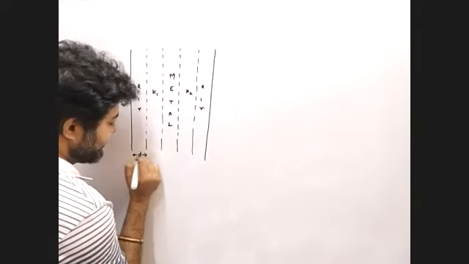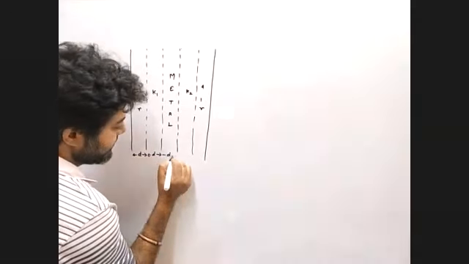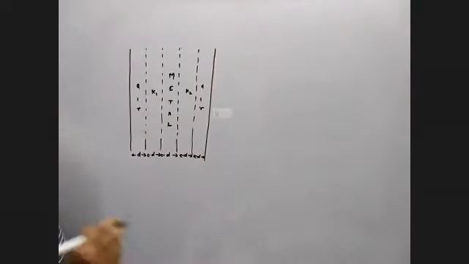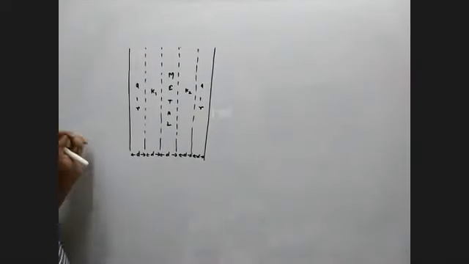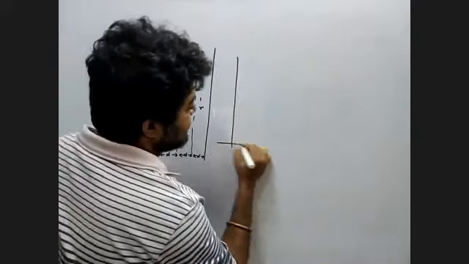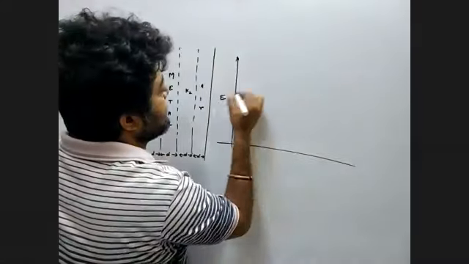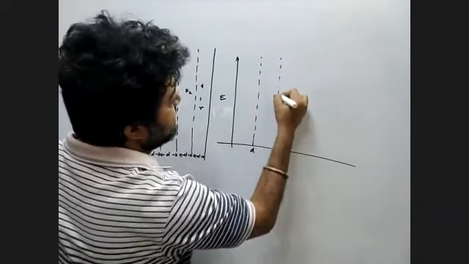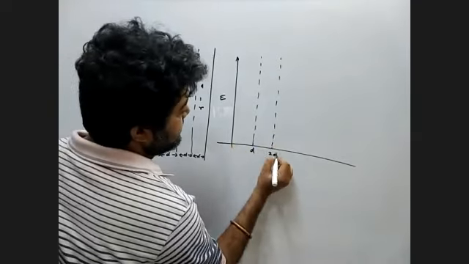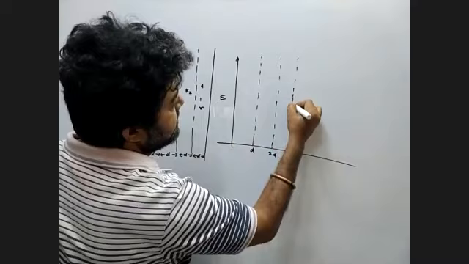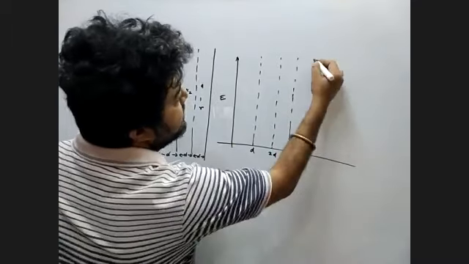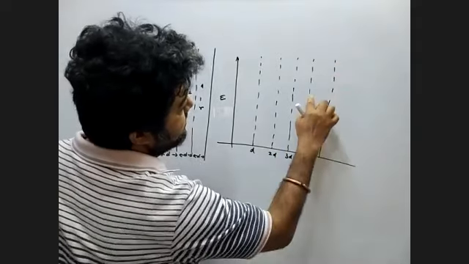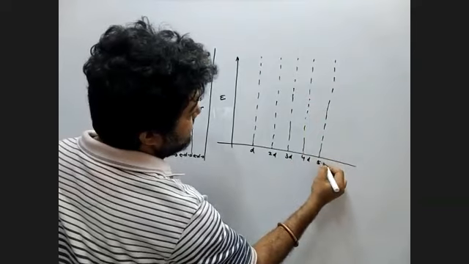This one is D, this one is D, this one is D, this one is D, this one is D. So my question is: draw the electric field versus distance graph. This is D, this is 2D, this is 3D, 4D, this is 5D. Find this.